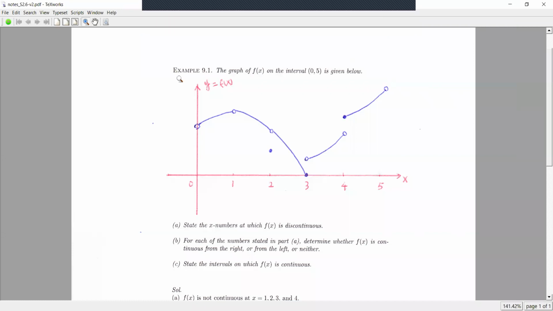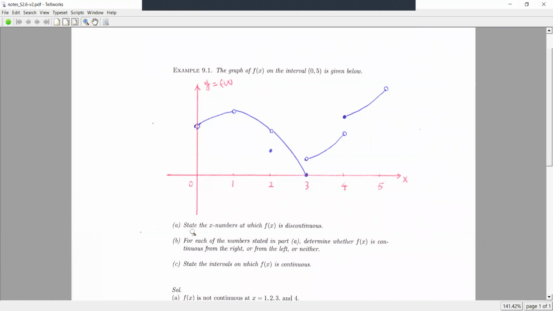More examples about continuity and discontinuity. Example 1, the graph of some function f is given below. In this diagram, we only plot the graph on the open interval 0 to 5. Now, some questions.